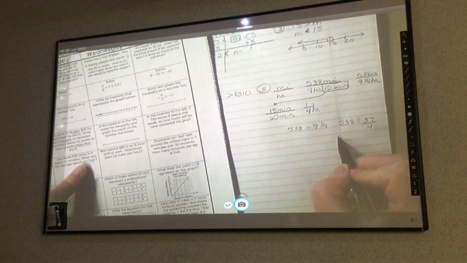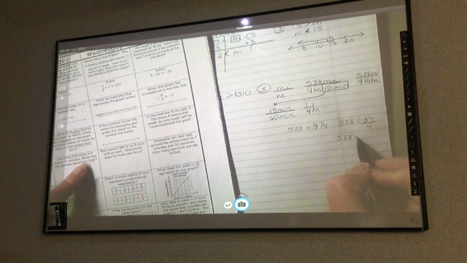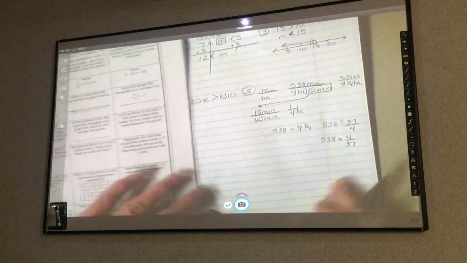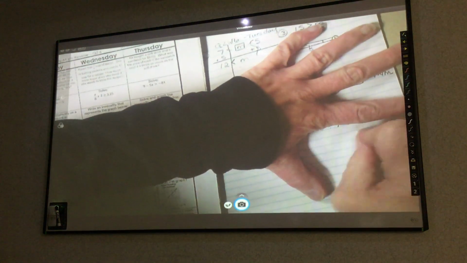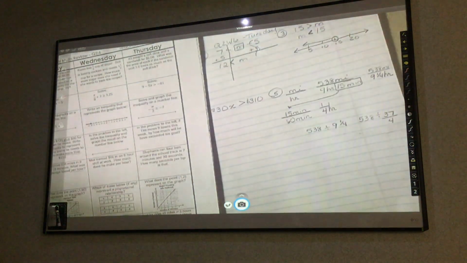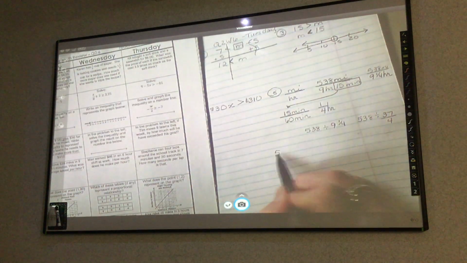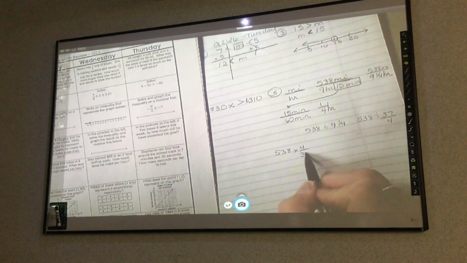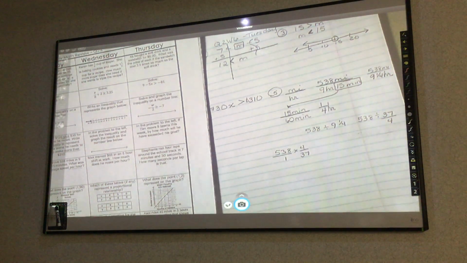Then I do the keep, change, flip. This is the work that you're going to show. Let me erase it and come over to the left a little bit. So it'd be 538 times 4/37. This is where you want to use your calculator.